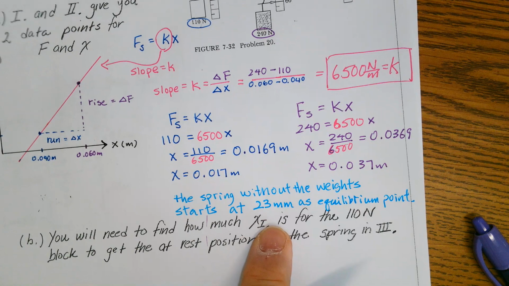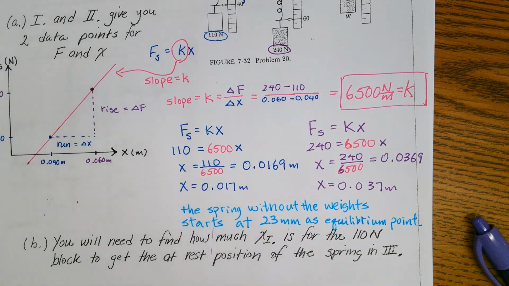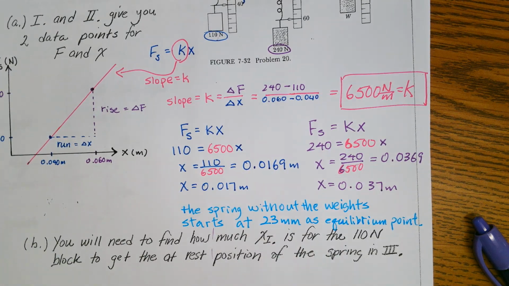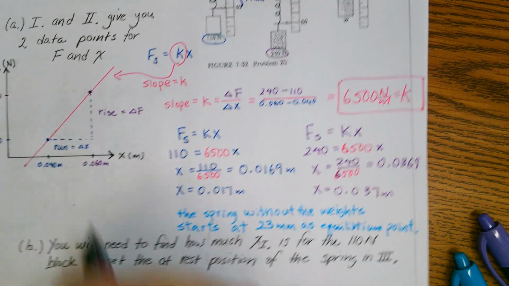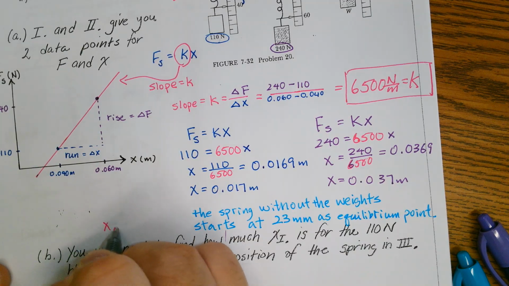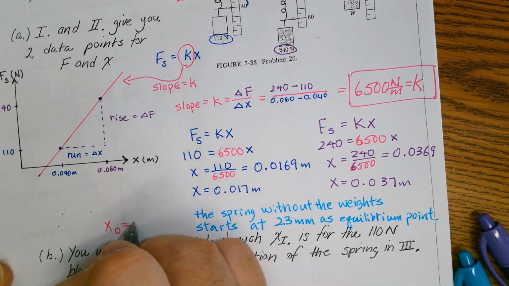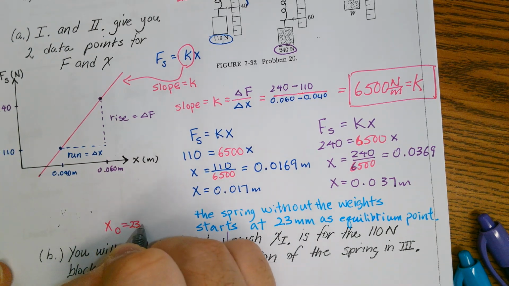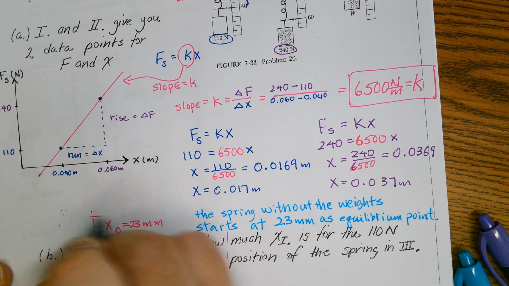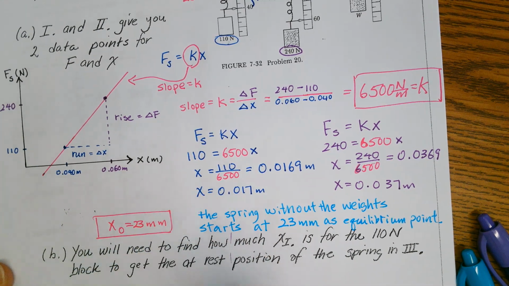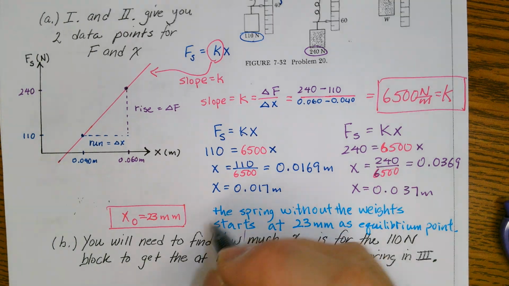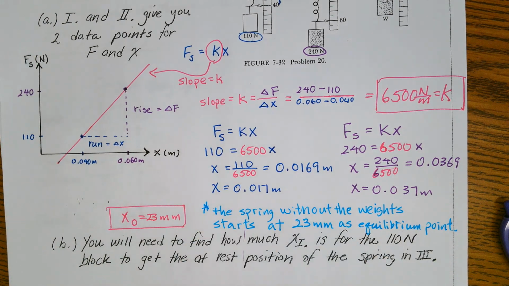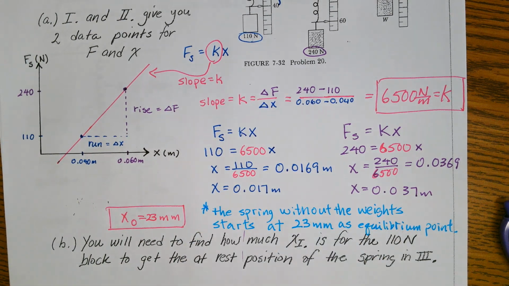So it starts at 23 millimeters at equilibrium point, okay? So you can say your X naught is equal to 23 millimeters. Is that good? All right.